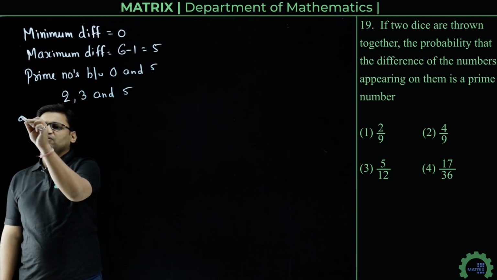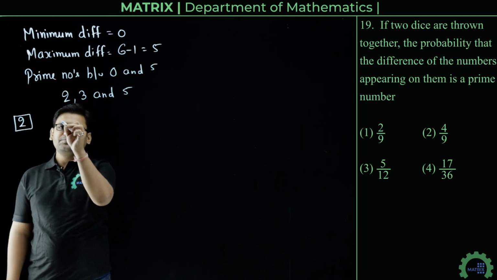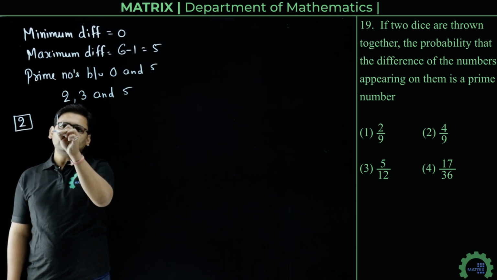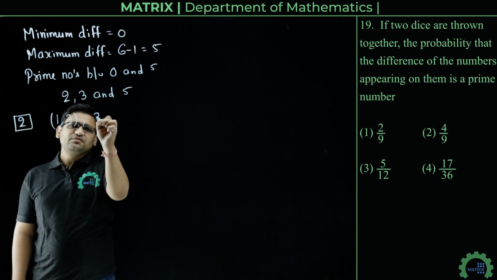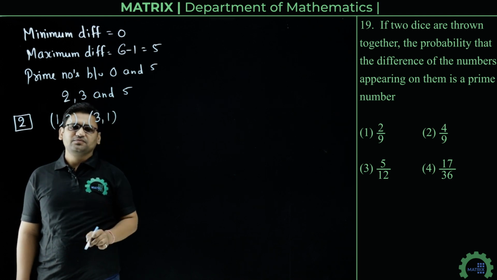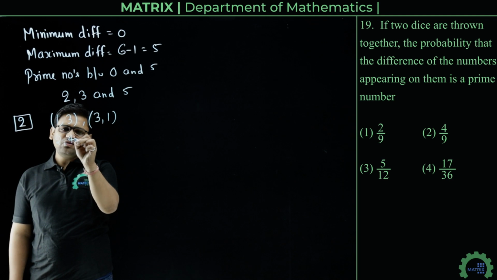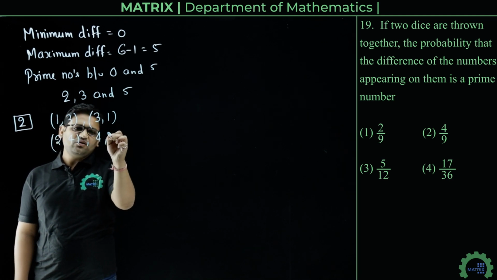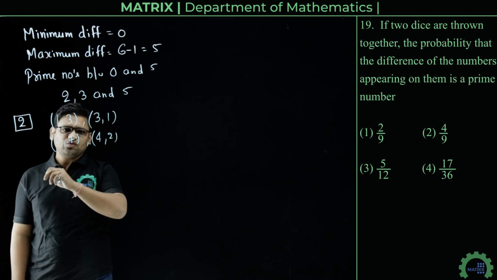So for prime number 2, possible cases are 1 and 3, similarly 3 and 1, and 2 comma 4, similarly 4 comma 2, that is on first dice the number is 2 and on second dice the number is 4.